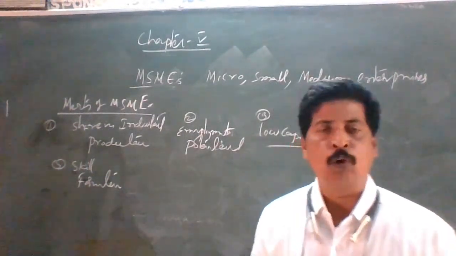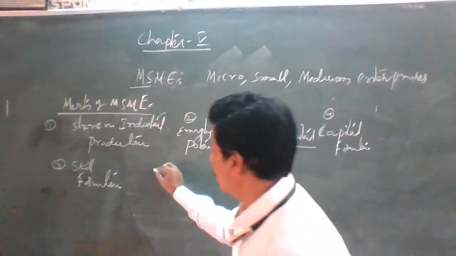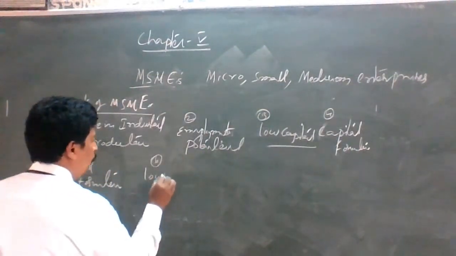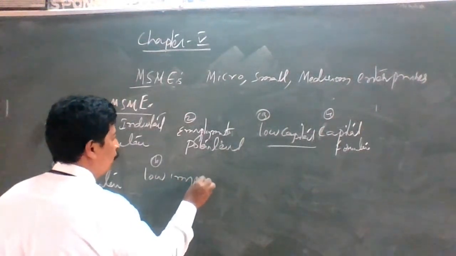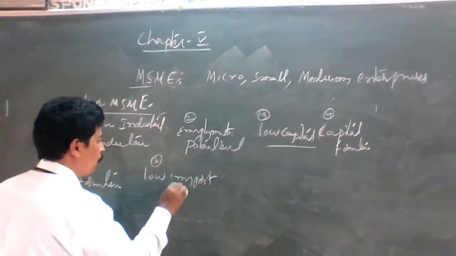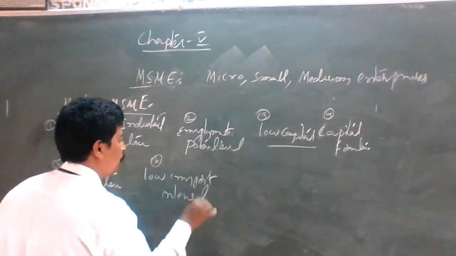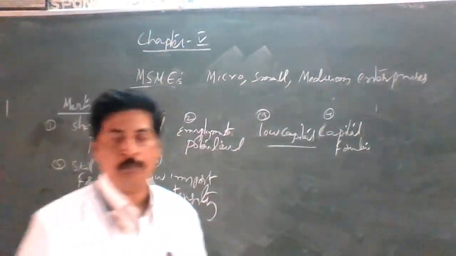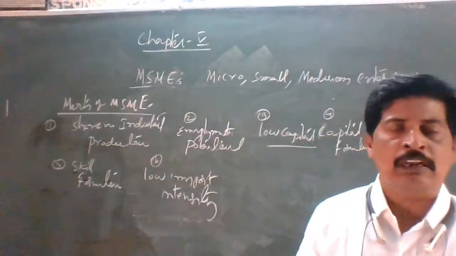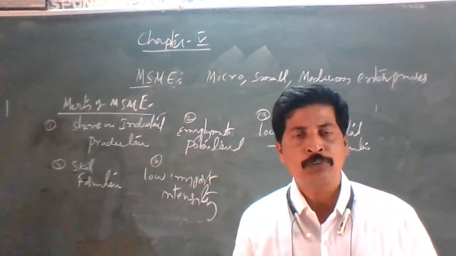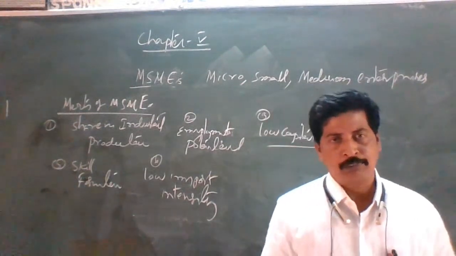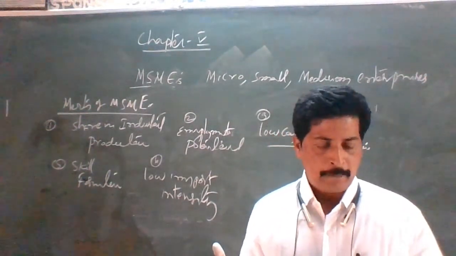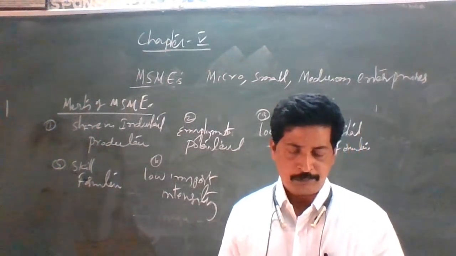Then coming to low import intensity. Sixth one is low import intensity. MSMEs generally do not need to import foreign direct investment or foreign currency. It is low import intensity.